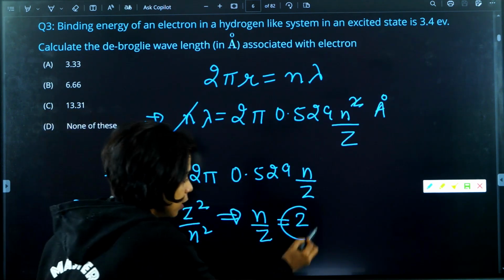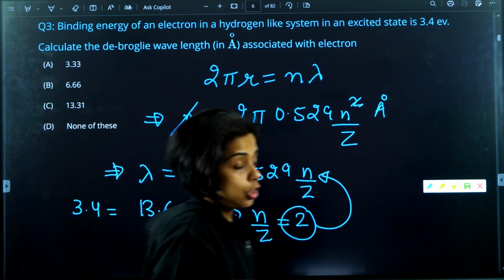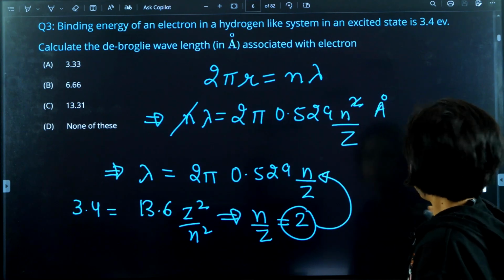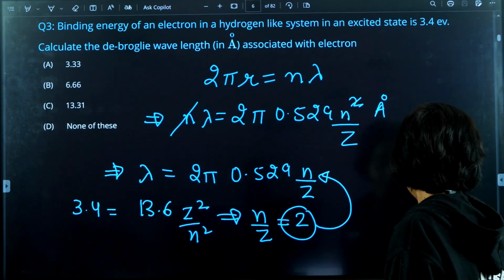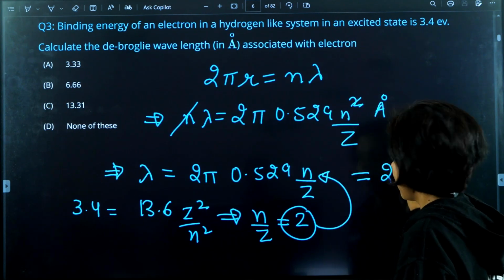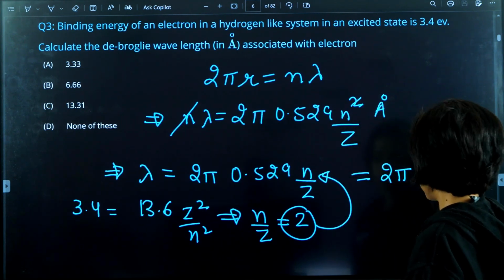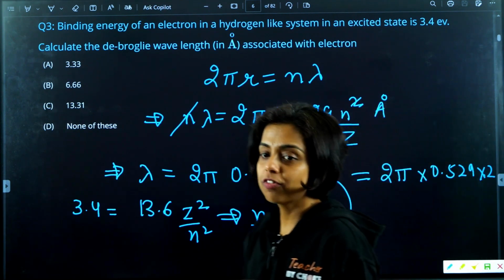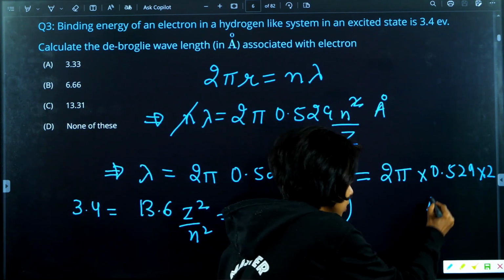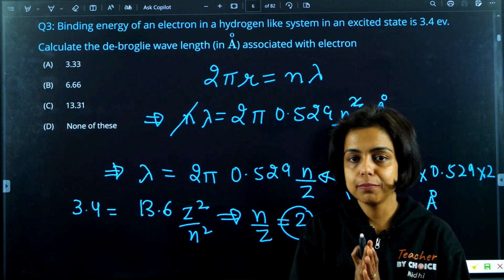So substituting this value 2 here, n by z is 2 here, guys. Yes, we get our answer. So here 2 pi into 0.529 into 2. That will be your final answer of de Broglie wavelength in angstrom, right?